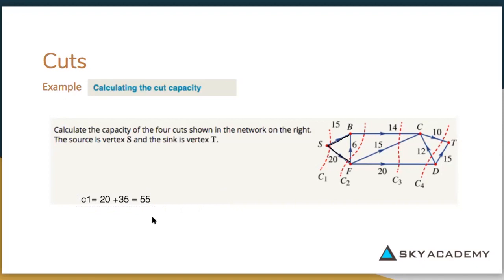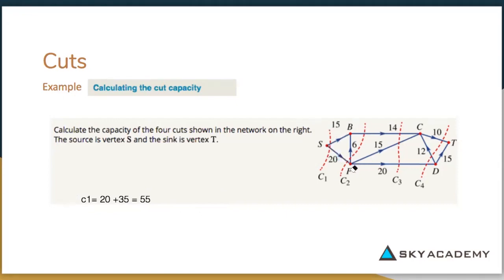For cut 2, you can see that this line here, worth 20, flows from the source to the sink. This line here, worth 14, flows from the source towards the sink. However, this line here, FB, worth 6, does not flow from the source to the sink.